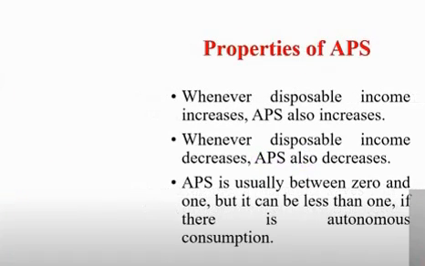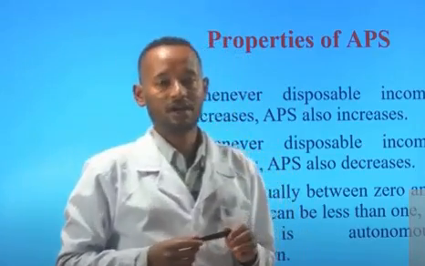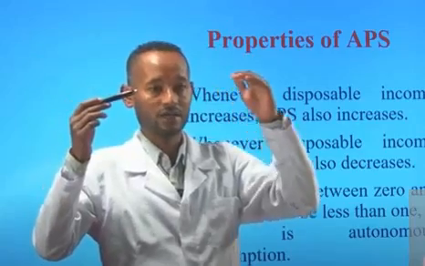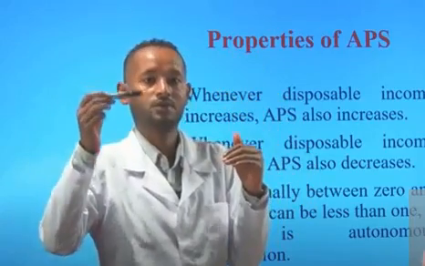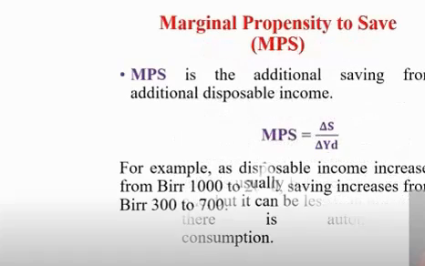When we see the properties of the average propensity to save, whenever disposable income increases, the APS will also increase, and with a decrease in disposable income, APS will decline. The average propensity to save is usually between 0 and 1, but it can be less than 0 if there is autonomous consumption, if there is de-saving.